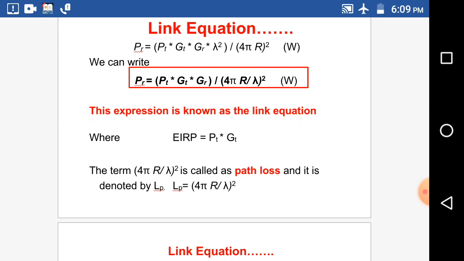This expression is known as the link equation, where PT times GT is nothing but the EIRP, and the denominator part, (4 pi r divided by lambda) square, is nothing but the path loss. Path loss is denoted by Lp, which equals (4 pi r divided by lambda) square.